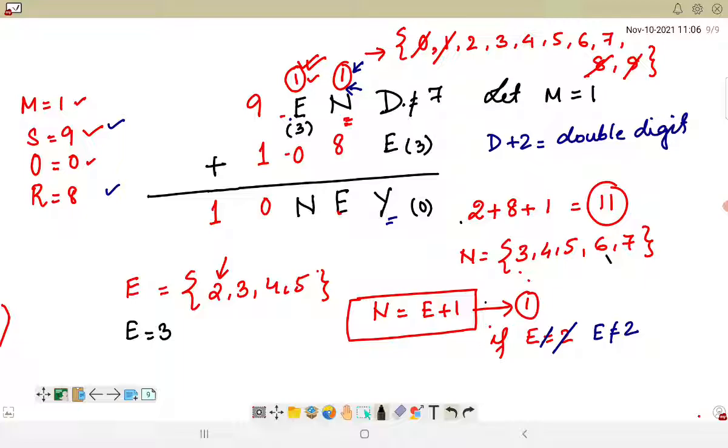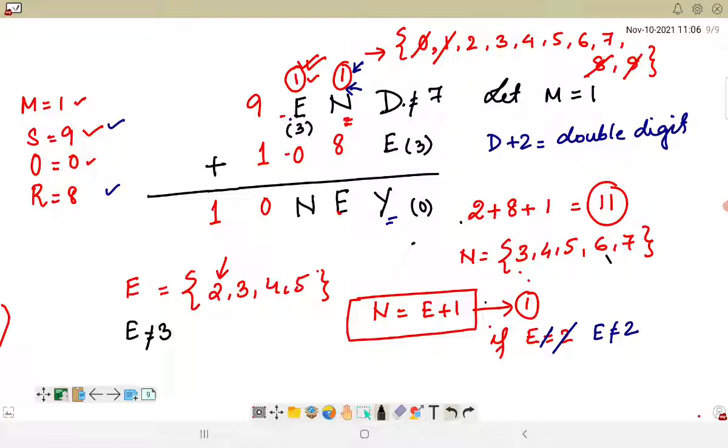So E cannot be equal to 3 as well, because the maximum value which can be taken from the set is 7, and then Y will become 0, which is already taken.